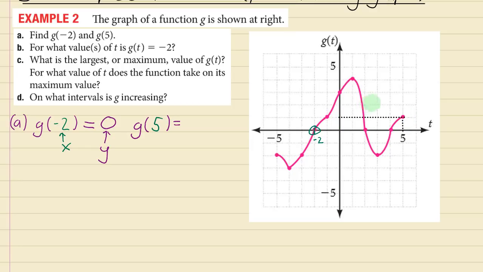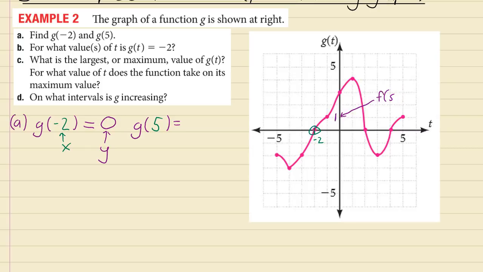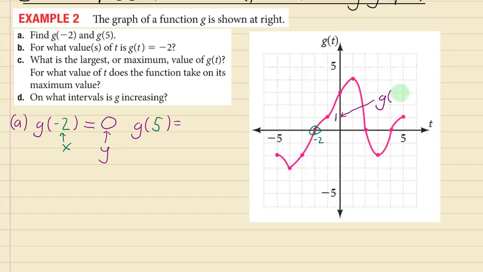So that y coordinate there, which is 1, is g of 5. Sorry, not f, excuse me. g is what I meant to say there. So that means g of 5 is 1.